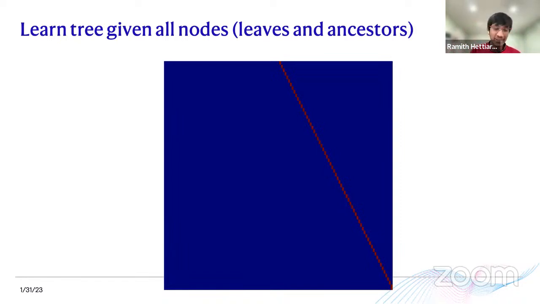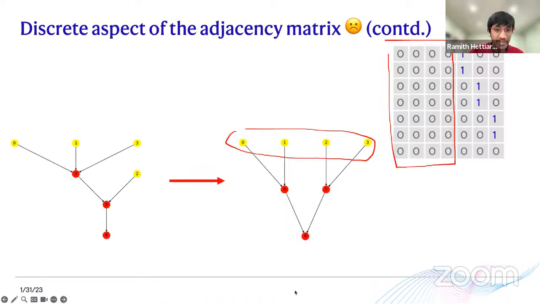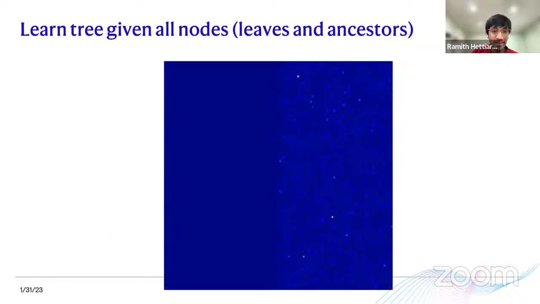In this example, all the ancestors are connected nicely in this fashion. Here we have 4 leaves, and the numbering of the nodes 0, 1, 2, 3, 4, 5, 6 is in a very nice ordering. That's why this diagonal is there. So the ground truth tree is the diagonal.